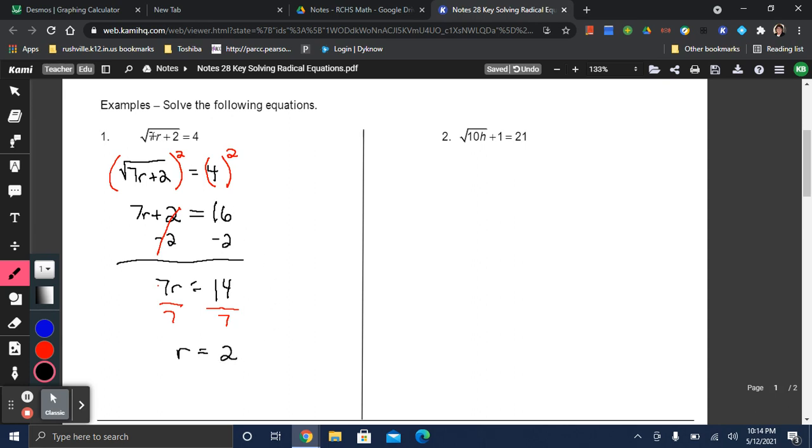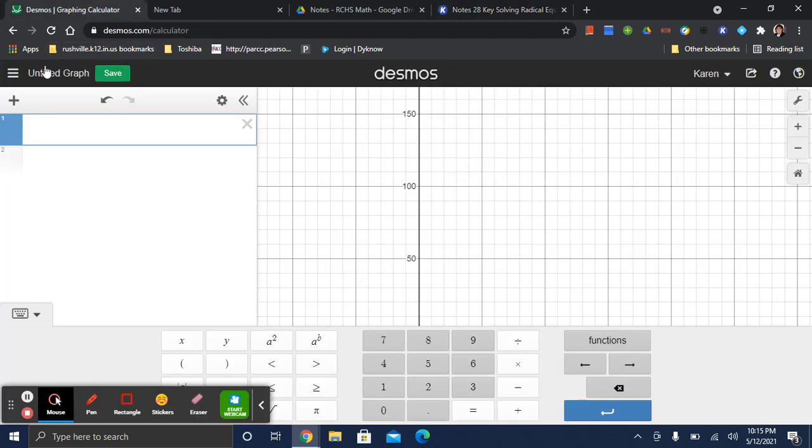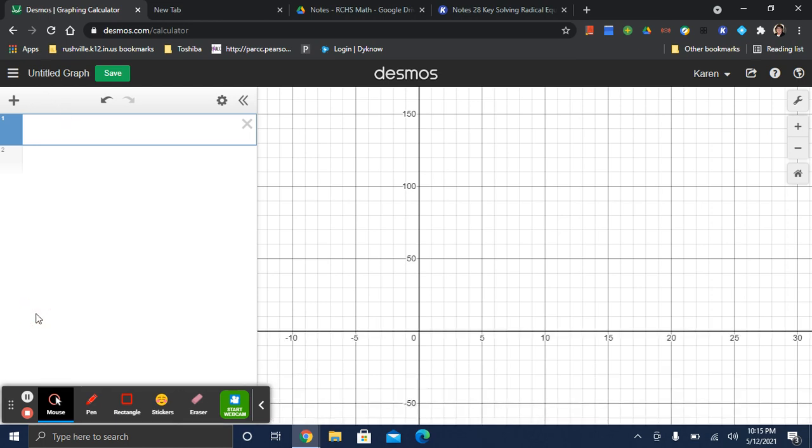Now, you could use Desmos or some other method, but I think I'll go ahead and show Desmos, plugging your answer into the original problem in place of the variable. So you'll want to bring up the square root symbol.